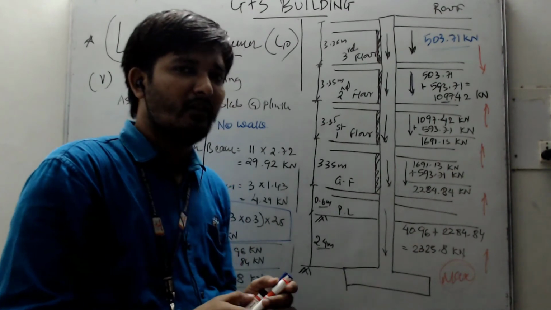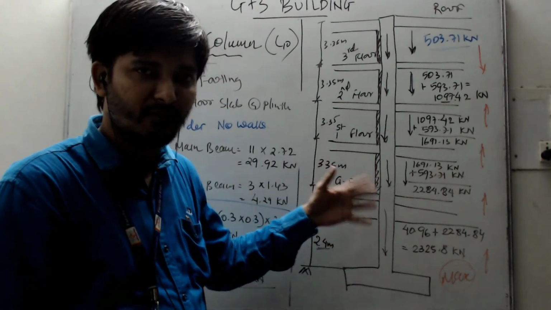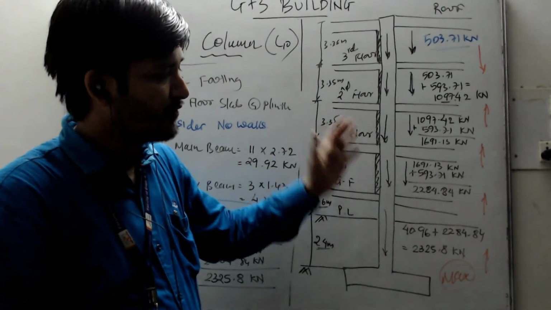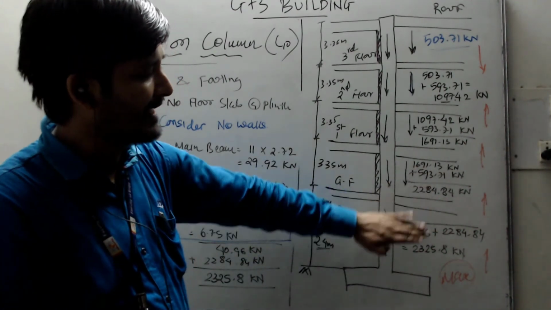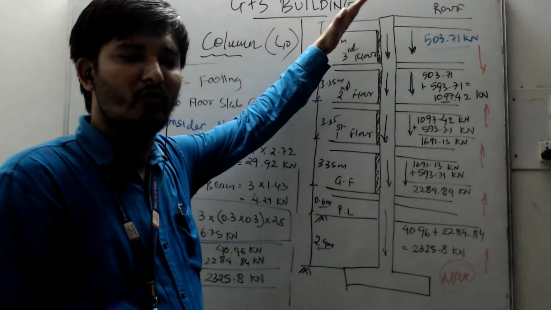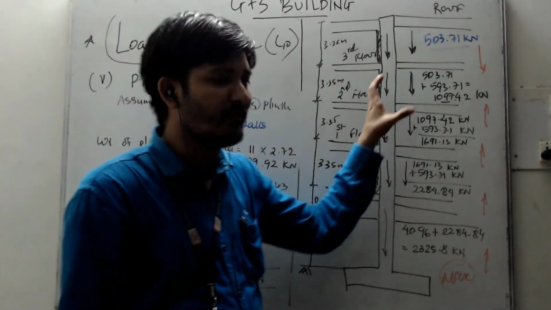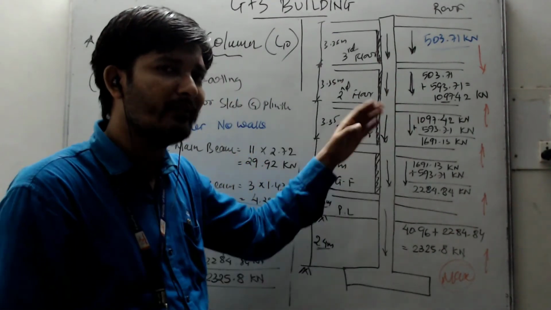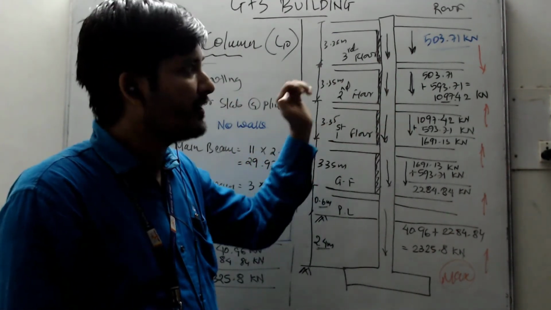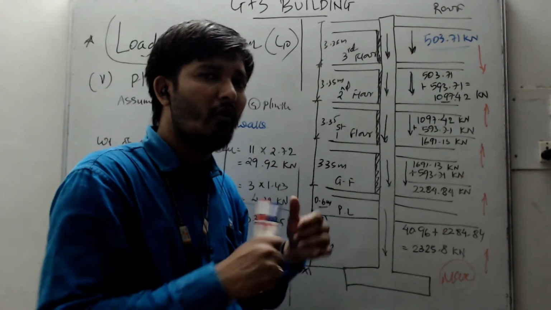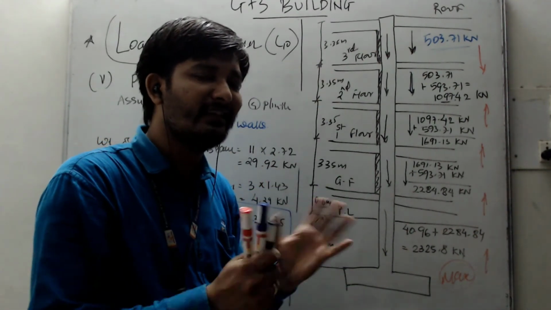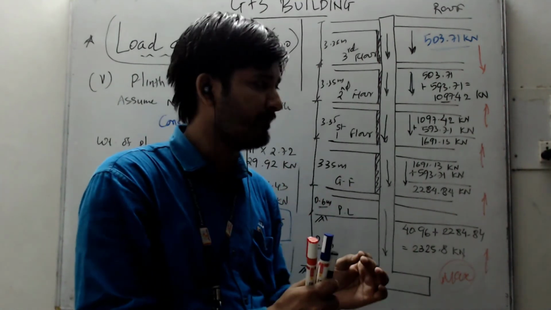So this is a general observation that you are supposed to make after the calculation. From this observation you can say that as I go on top, my column load is reducing, and if the load is reducing, I can reduce the size of column, or I can reduce the steel that I am going to provide in the column.